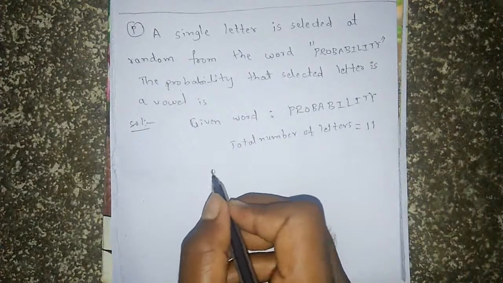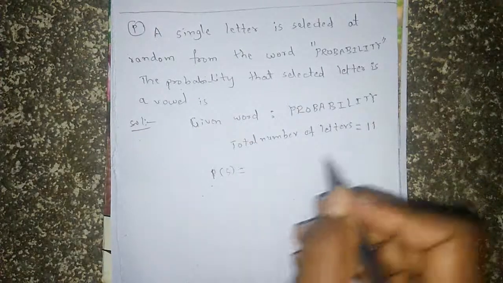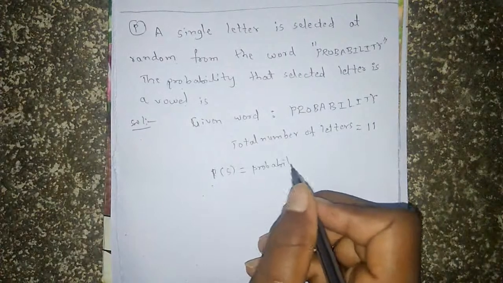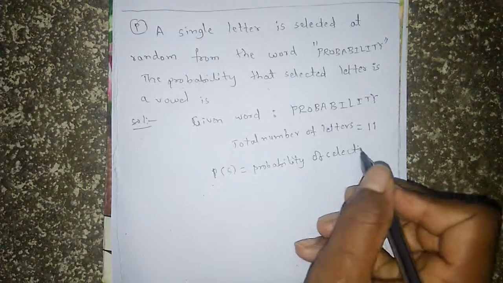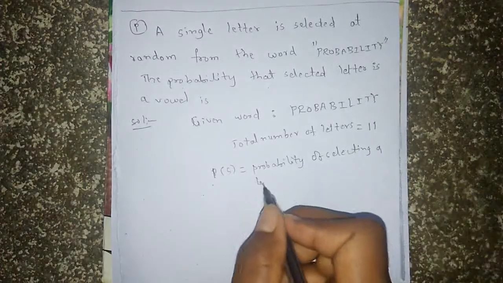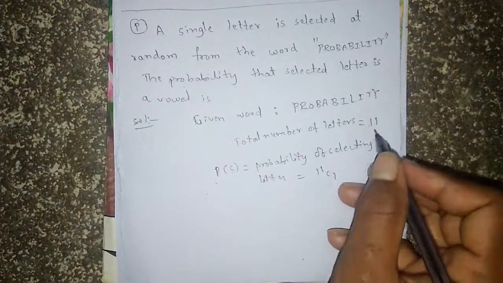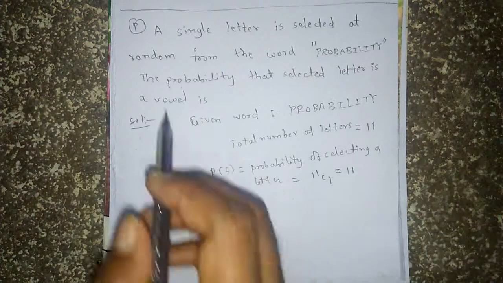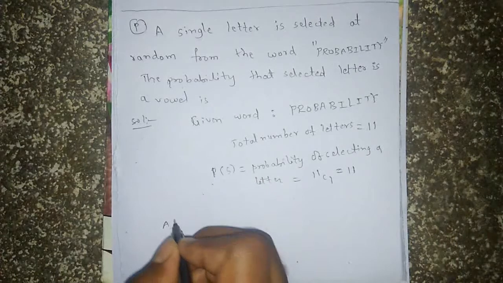P of S, probability of selecting a letter, is equal to 11C1. Out of 11 letters we are selecting one letter, 11C1, that is equal to 11. So we need the probability that the selected letter is a vowel.